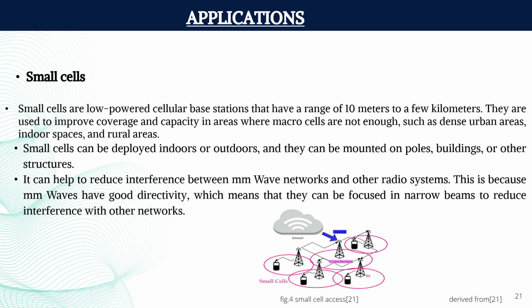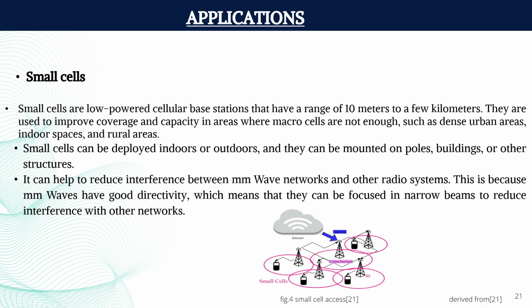Small cells can be deployed indoors or outdoors, and they can be mounted on poles, buildings, or other structures. They can help reduce the interference between millimeter wave networks and other radio systems. This is because millimeter wave has good directivity, which means it can be focused in narrow beams to reduce interference with other networks.